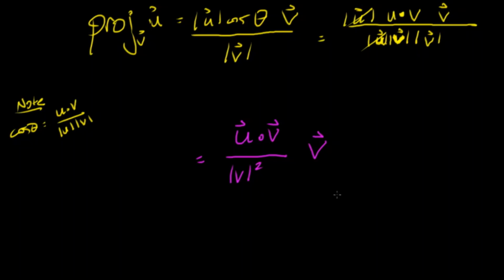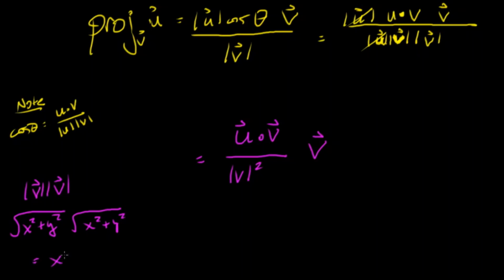A quick side note: what's the magnitude of v squared? That's going to be the magnitude of v times the magnitude of v. The magnitude of v is its x component squared plus its y component squared, square rooted. If I do that twice, I get x squared plus y squared, which is actually equal to x times x plus y times y.